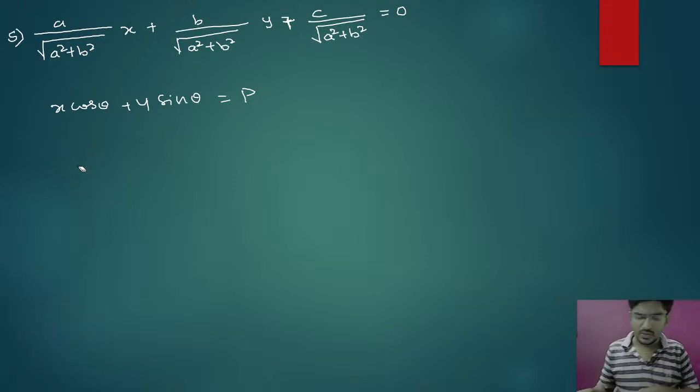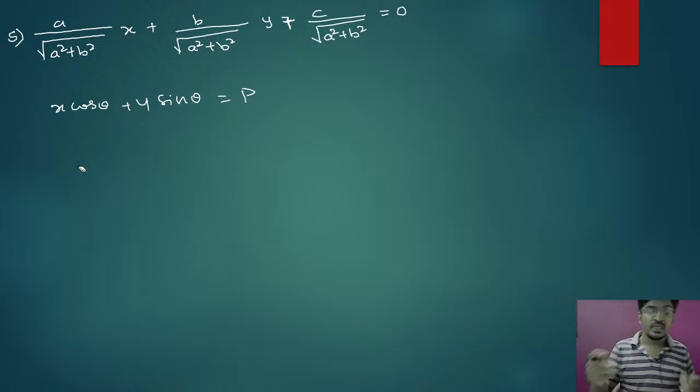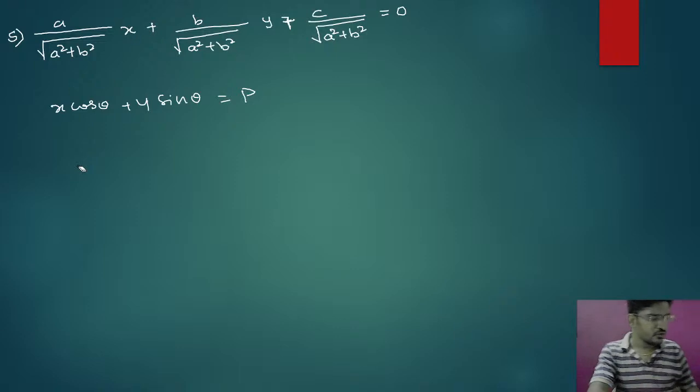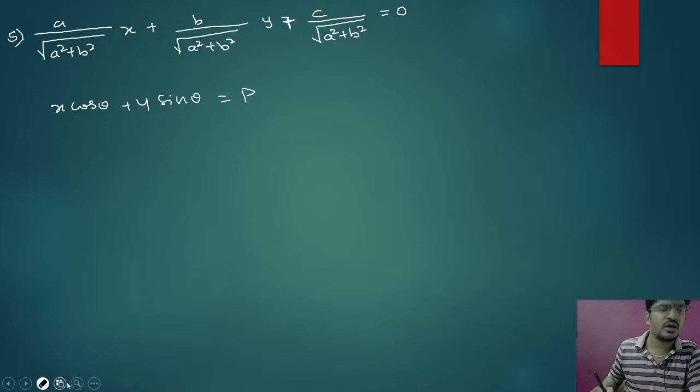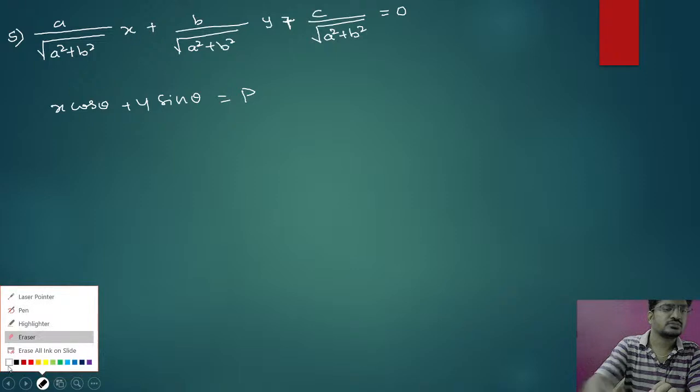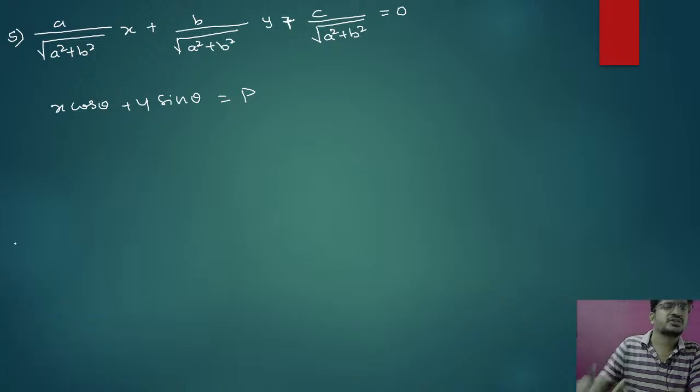I will solve it and I will tell you. Now if I explain it, you are going to get confused. No problem. So you just compare this, and you take this as equation 6.